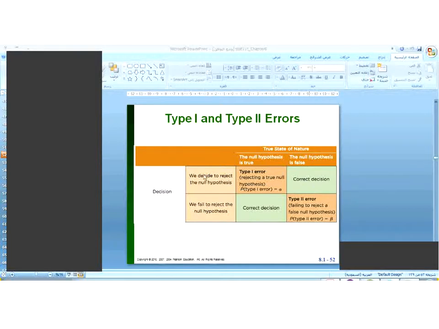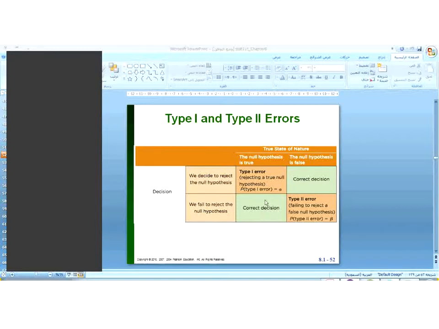Okay? Then هنا null hypothesis is false and I reject it. ايش رايكم في القرار هذا؟ Good or bad decision? Good decision. برافو. شوفوا معي هنا.